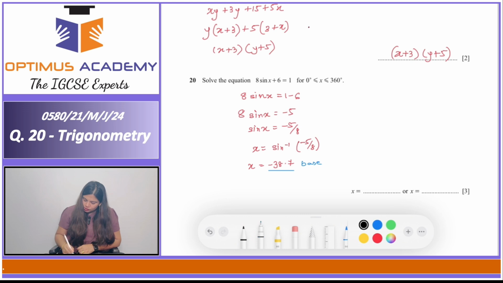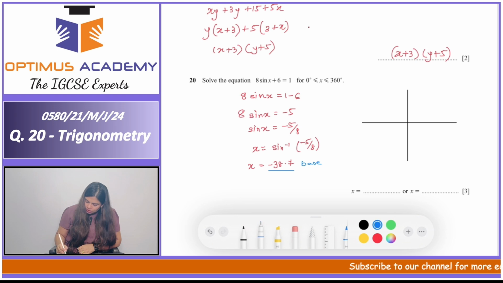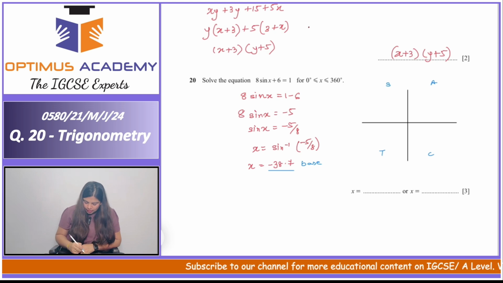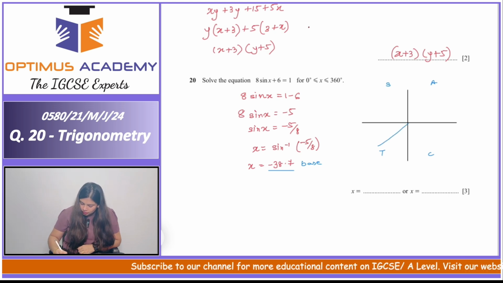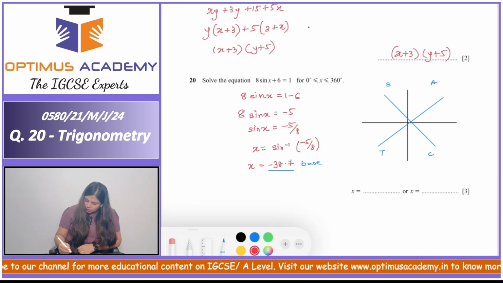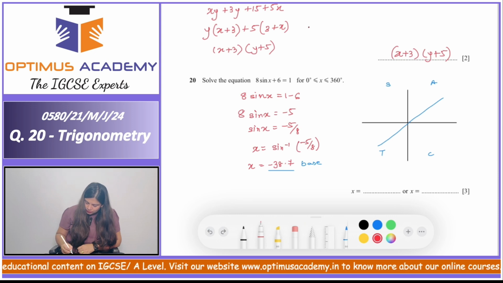So, we'll draw a small diagram on the side where the quadrants stand for all, sine, tan, cos, and we're going to plot the base angles in all and sine quadrant because here the angles are positive in these quadrants.